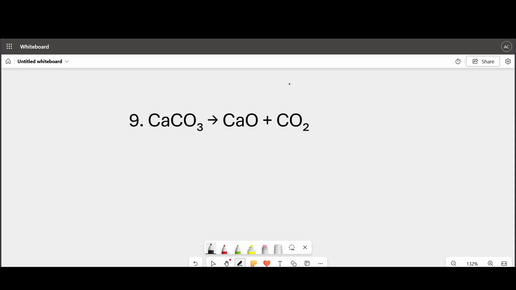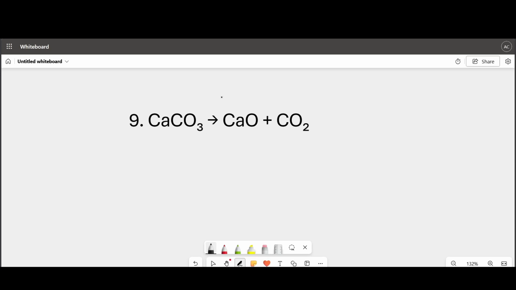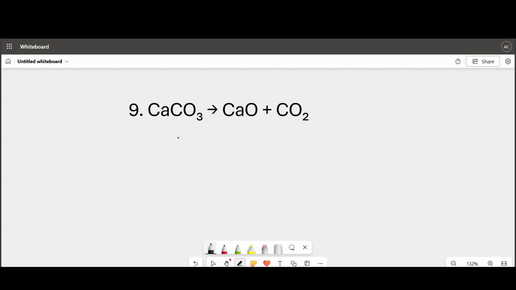So let's first check out what Ca is. Ca is calcium. Then we got carbon and then oxygen. So calcium is already balanced. Let's start with carbon. Try to balance carbon on both sides.